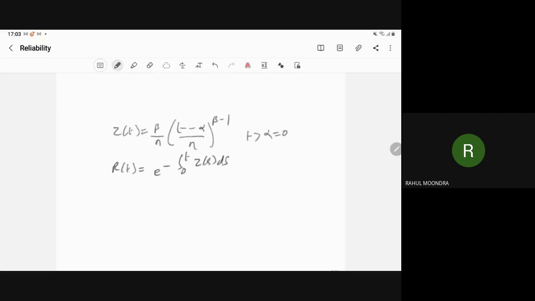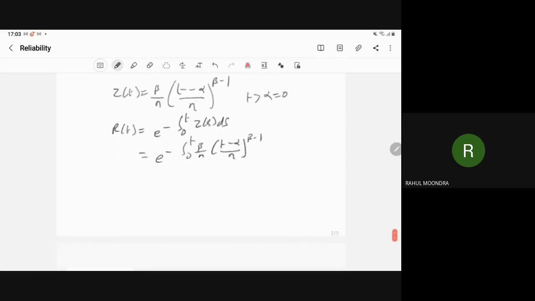Later on, I will tell you what alpha is. So when alpha is equal to 0, it becomes the integral 0 to t of beta upon eta, (t minus alpha upon eta) to the power beta minus 1.